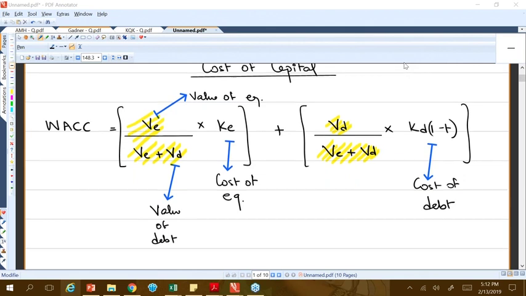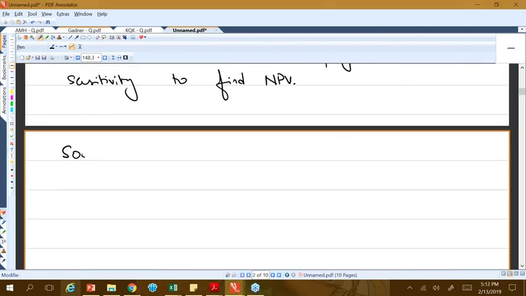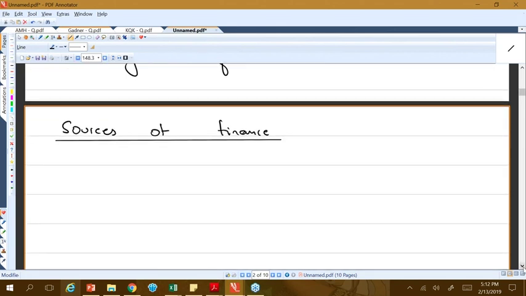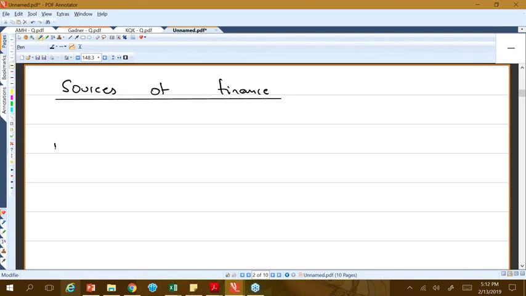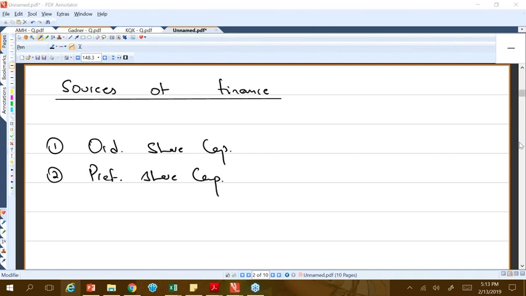Because what I want you to understand here is that when we look at the sources of finance, yes, the sources of finance are primarily equity and debt. But within equity and debt, there are different sources of finance. The first source here is the ordinary share capital. The second source here is the preferred share capital. These are the two sources of finance within the equity side. There are also some other sources of finance when we look at debt.